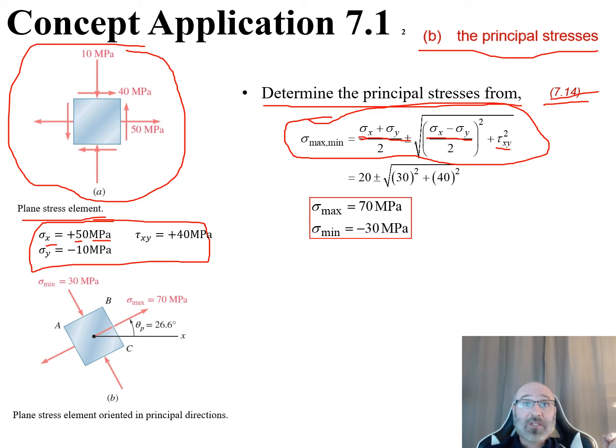So I can plug that in. My sigma x, I can come down here as 50 megapascals, going back to my diagram, there it is, my sigma in the x direction. I can draw out my coordinate system where x is positive to the right and y is positive going up.